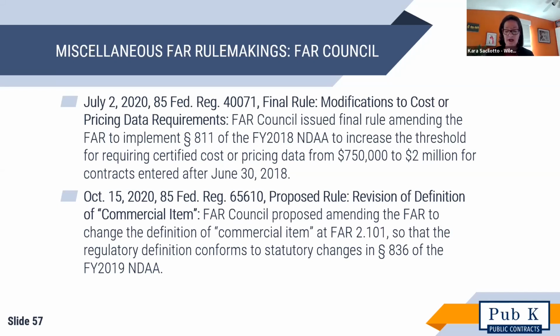The second bullet relates to a proposed FAR rule, which actually has gotten a lot of comment, to change the definition of a commercial item in FAR 2.101 so that it conforms to Section 836 of the fiscal year 19 NDAA. Section 836 separated the definition of a commercial item into two distinct definitions, one for a commercial product and one for a commercial service.